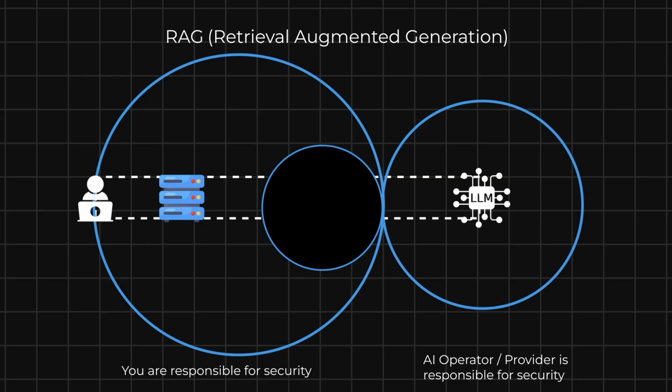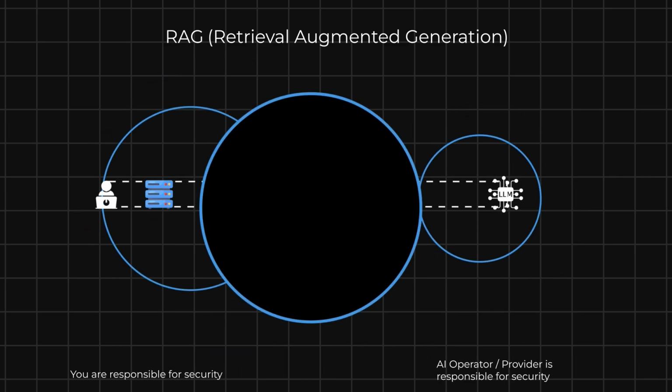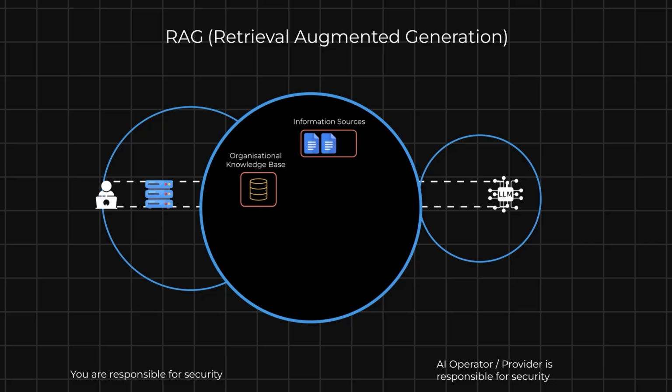So instead of completely relying on the LLM's built-in training data, RAG allows you to supply your own data in the form of documents, which could be policies, manuals, or any domain-specific content that the model must reference to generate more accurate answers. Your documents are first processed and stored in a vector database, which enables semantic search.